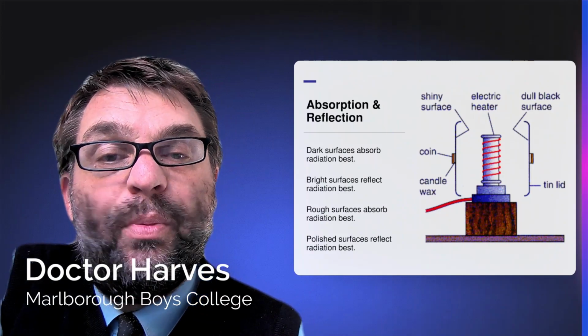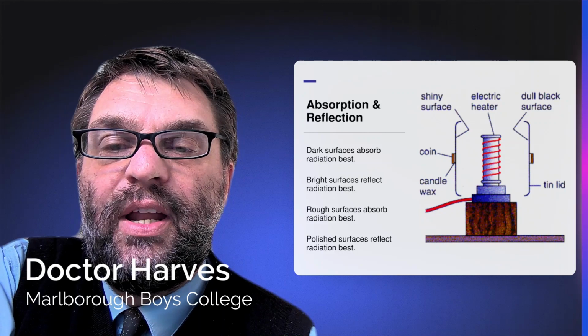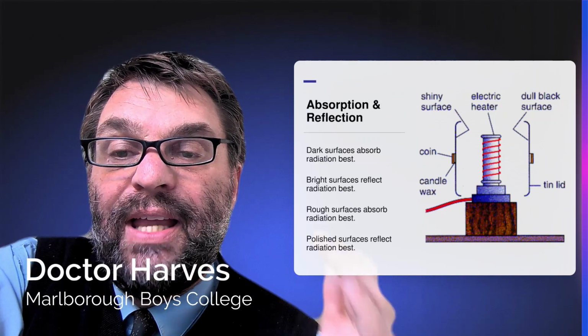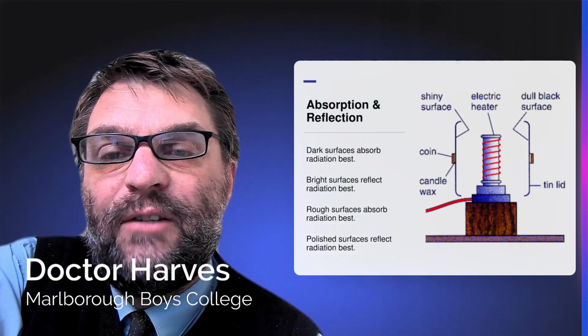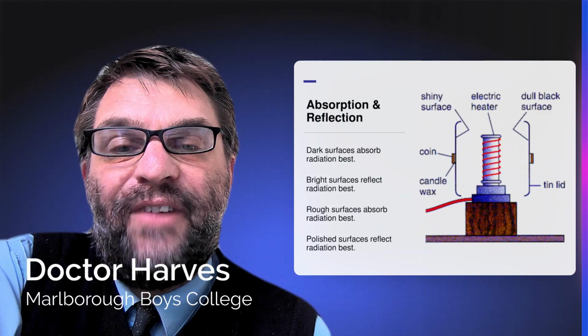In terms of absorbing and reflecting, because it's a wave, infrared radiation, dark surfaces absorb radiation better, so that's why a darker t-shirt always feels warmer to wear during summer, whereas a bright surface reflects radiation best.